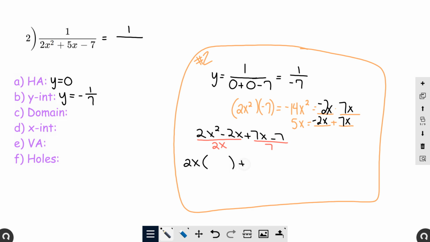And then we take those GCFs out. Remember, we're dividing it out of each term. And what are we left with? x minus 1. In both cases, when I take out that GCF, I'm left with x minus 1. So this will factor to be, good.